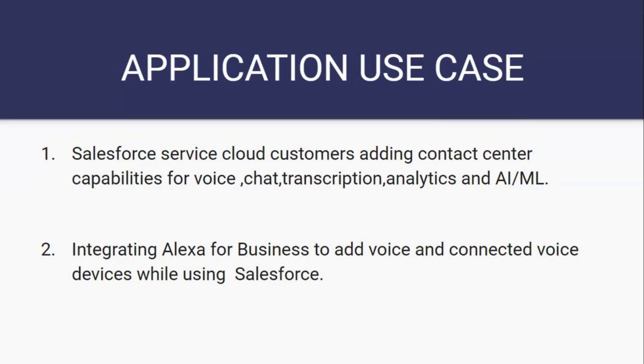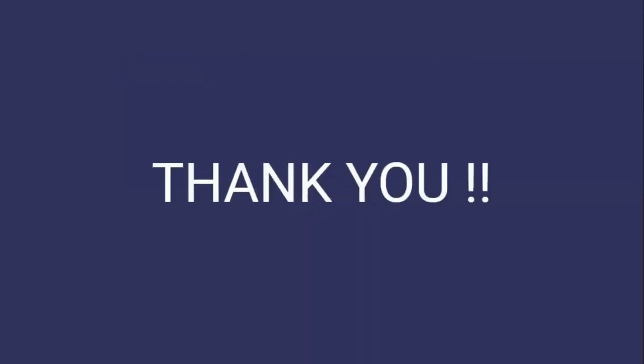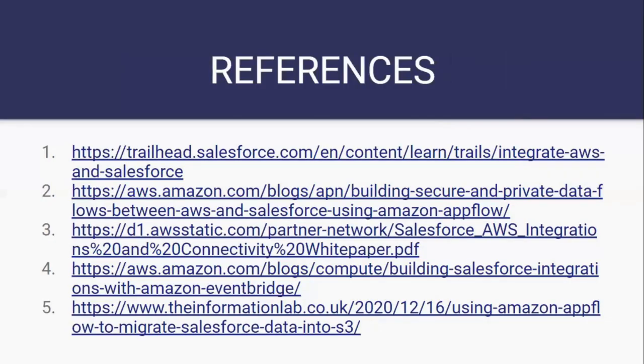And at the end of the meeting, the sales manager can ask Alexa to schedule the next meeting in the corporate calendar. So this is how we can use Alexa for Business. This was all the use cases of this particular integration, and these are some references that I have used for the demo and for creating this presentation.